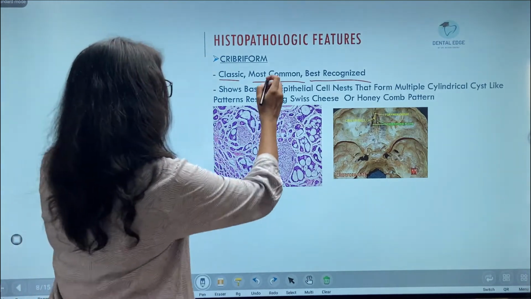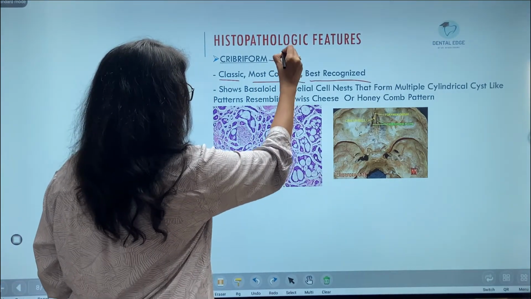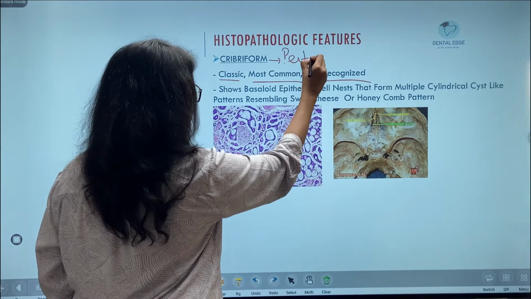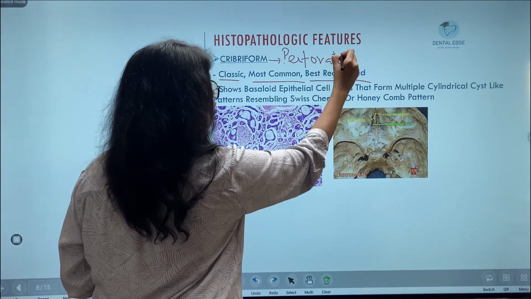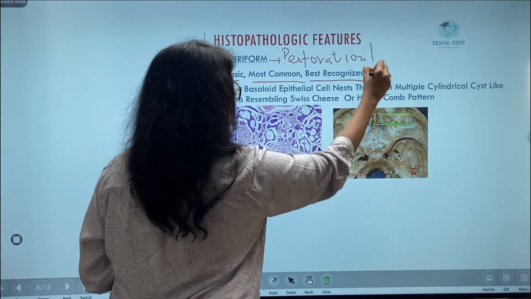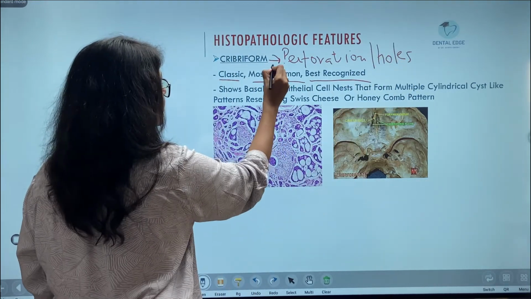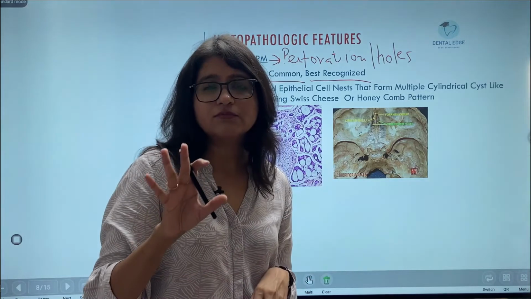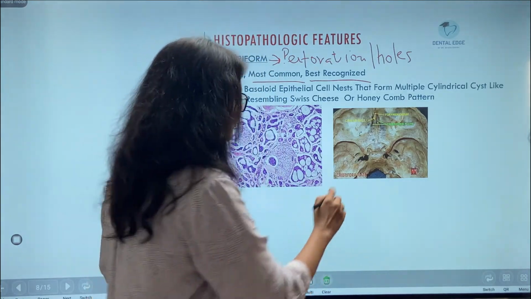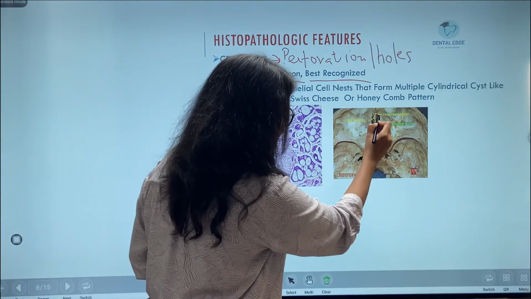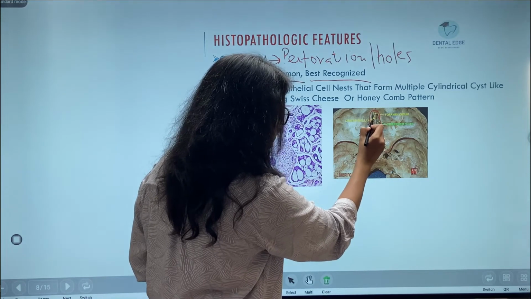The word cribriform means something that has perforations, something that has holes, right? Perforation or holes. This is the meaning of the word cribriform. If you remember first year anatomy, there was a cribriform plate, that is a plate with presence of holes.